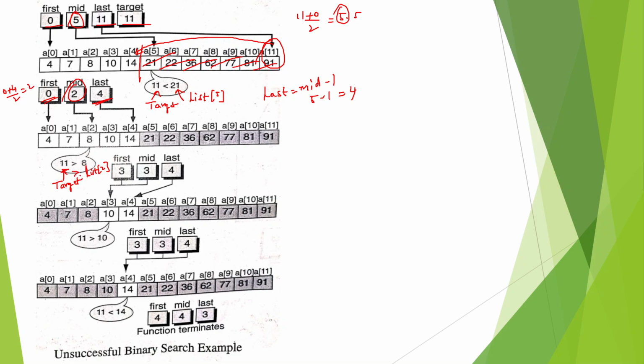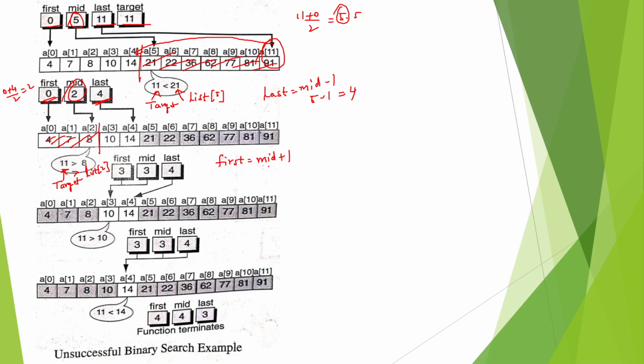So there is no possibility that I find my target in this part, up to my mid. There is a possibility that my target will be somewhere in these two only. Okay, so now what do I need to modify? I need to modify my first value. How? First equals mid plus 1.